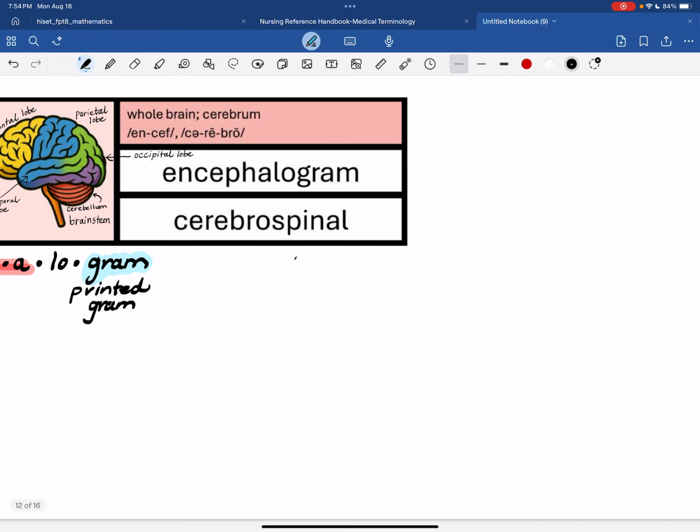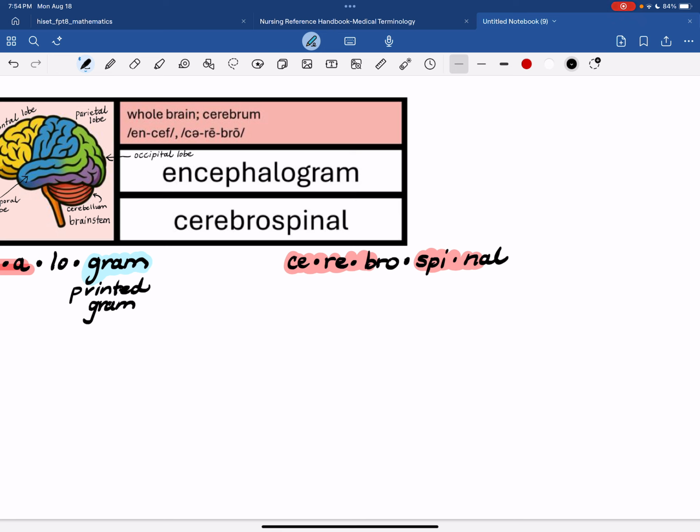Okay, this one, cerebrospinal, refers to two roots. You have cereb and spine.